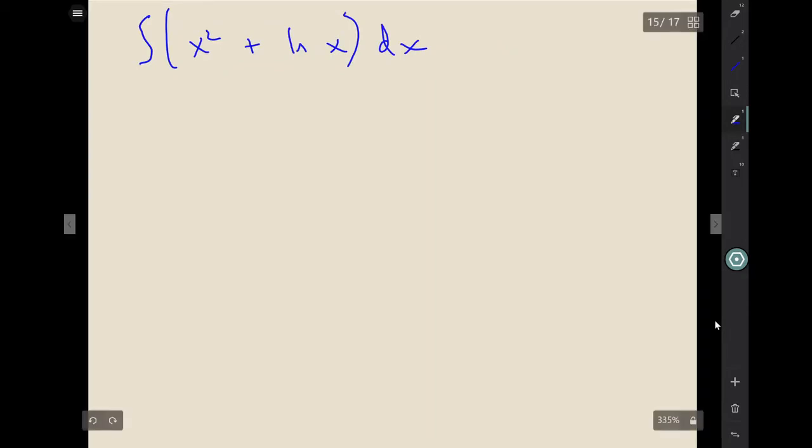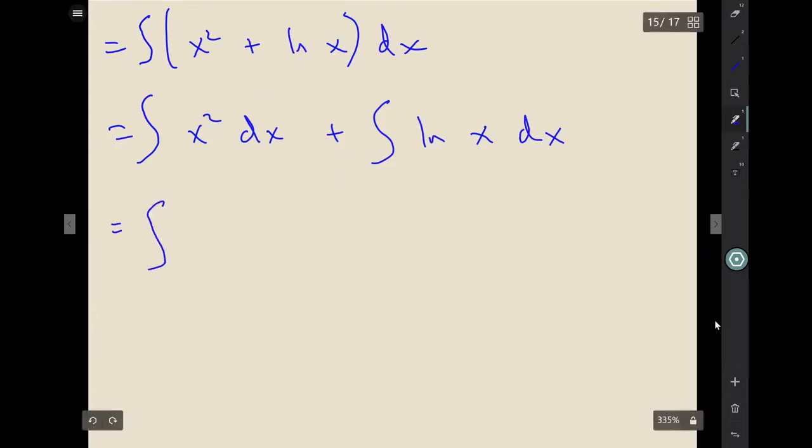And so I could rewrite this as the integral of x squared dx plus the integral of log x dx. And very formally, it would look something like this. I've got the integral of f of x plus, say, g of x, dx, and that's going to be equal to the sum of the integrals.